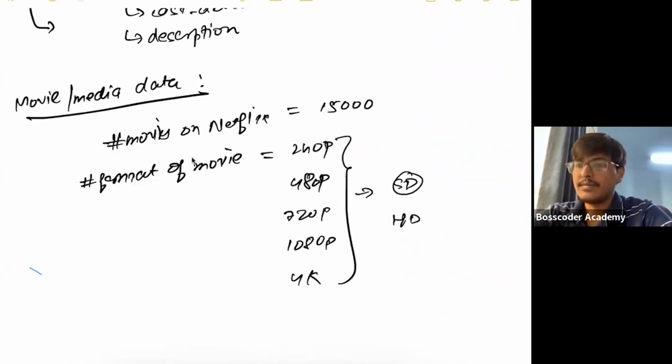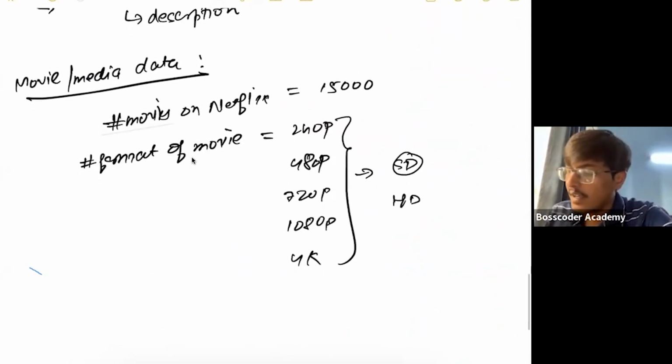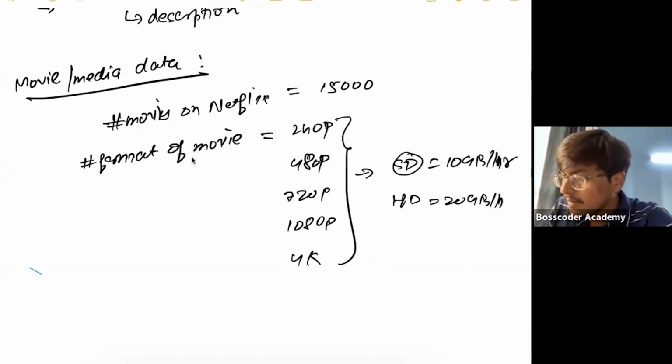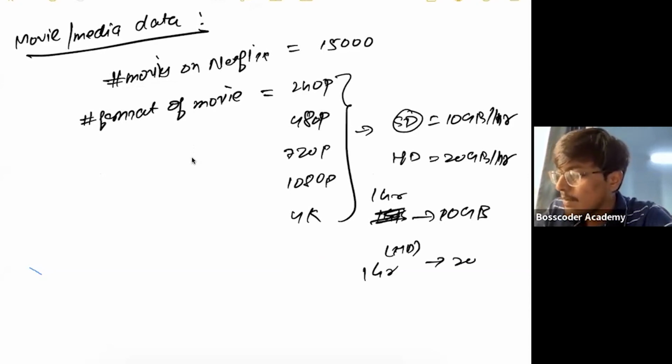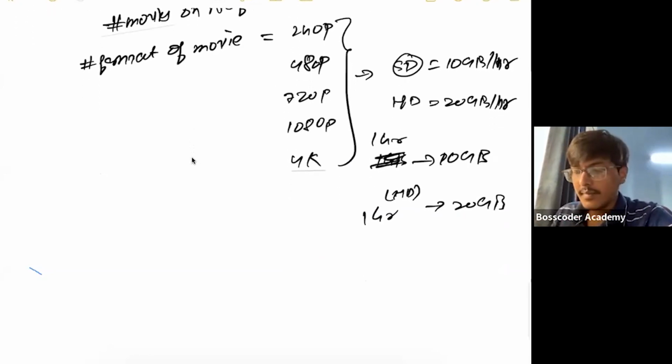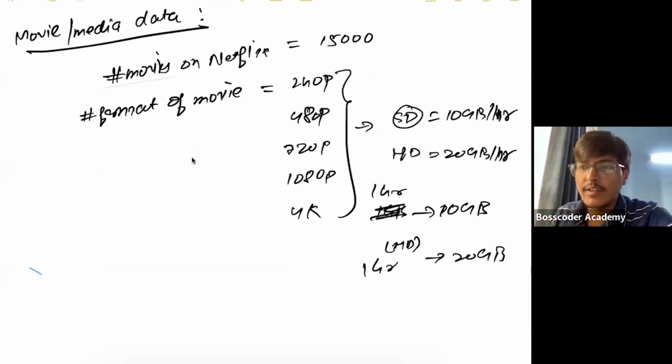Let's say SD is streaming at 10 GB per hour and HD is streaming at 20 GB per hour, which means 1 hour of SD movie takes around 10 GB to store, and 1 hour of HD movie takes around 20 GB to store. Okay, make sense? So this is another thing we have established.